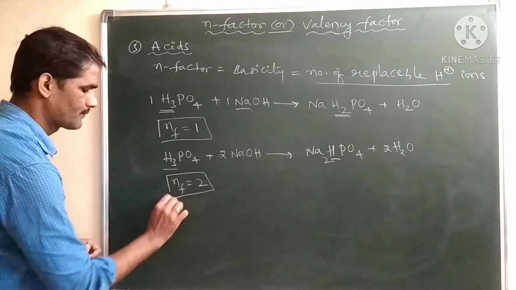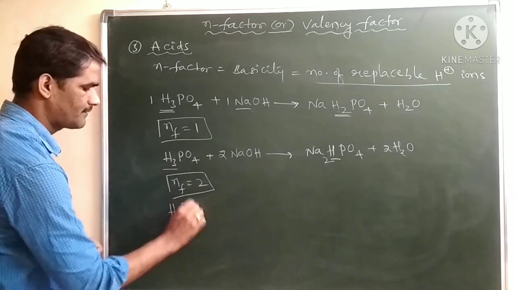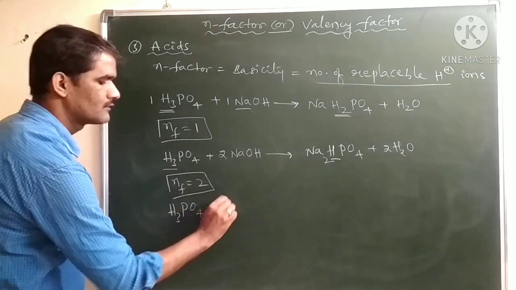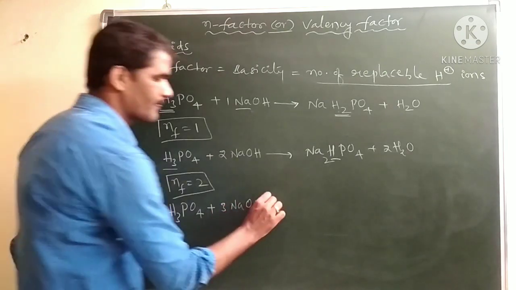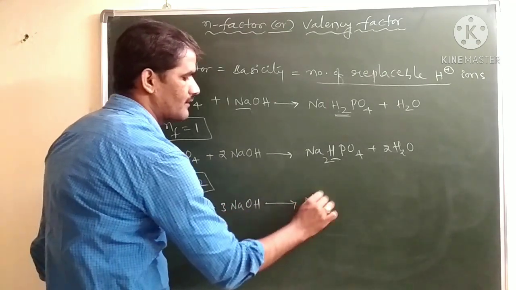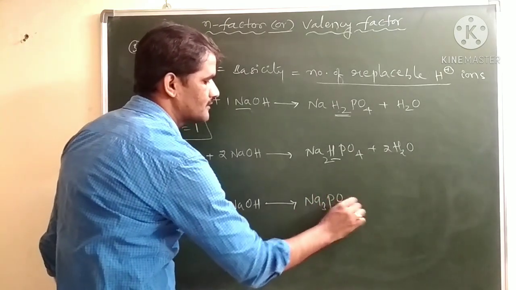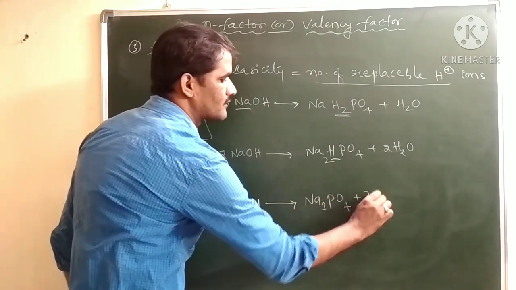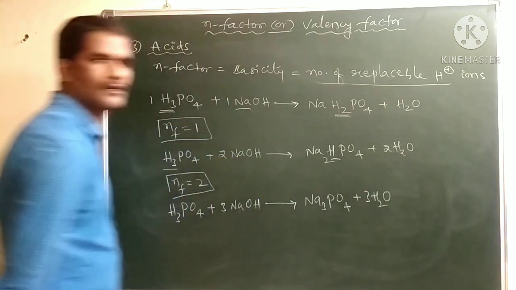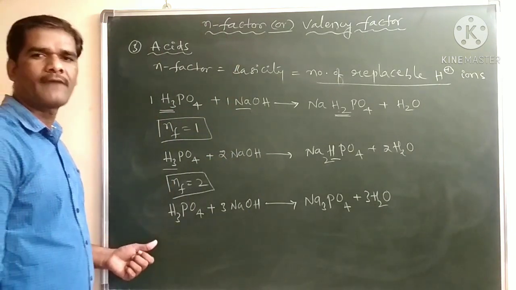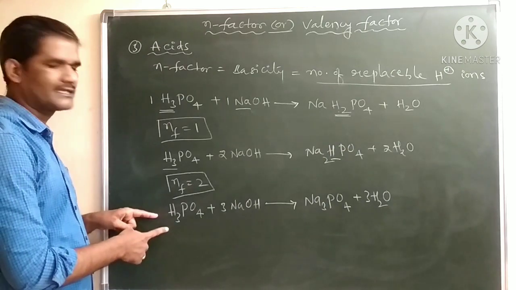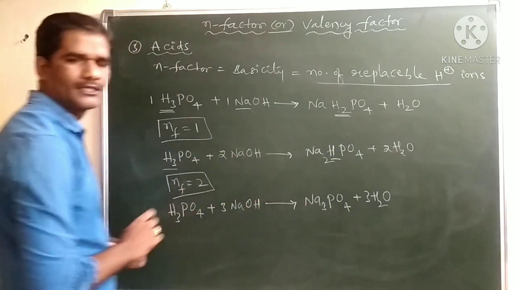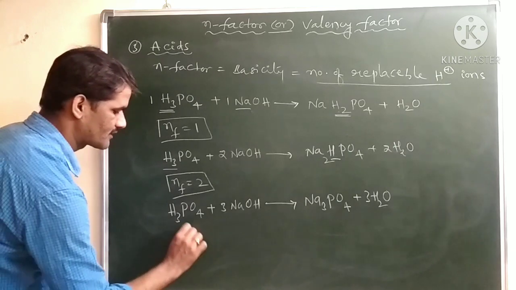Similarly, H3PO4, now it is reacting with 3 moles of NaOH. Then you will get sodium phosphate plus water. Now if they ask what is the N factor of H3PO4 in this case, here completely 3 hydrogens are replaced with 3 sodium atoms, so we can say N factor here is 3.